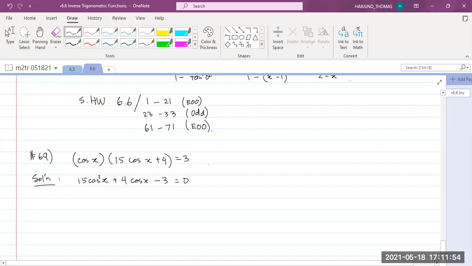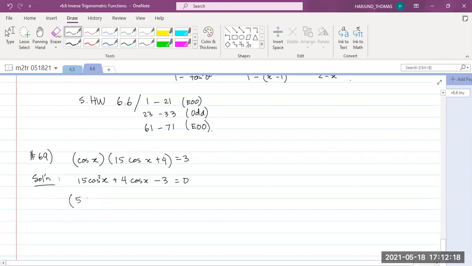Let me see. Look at the discriminant. B squared minus 4AC. That's 16 plus 180, which is 196. Oh, that's a square number. Yes, it's factorable.